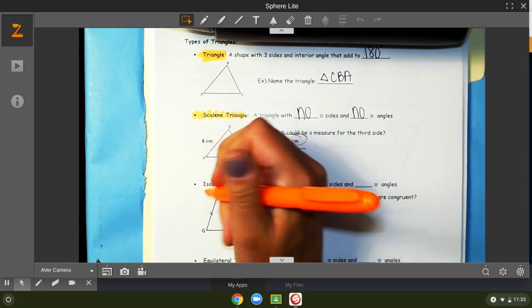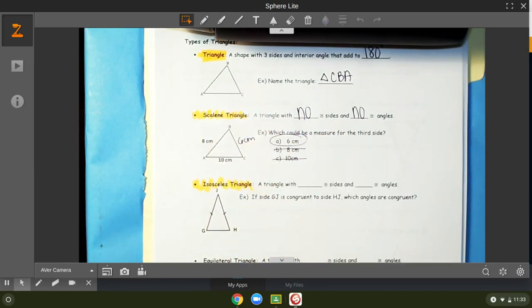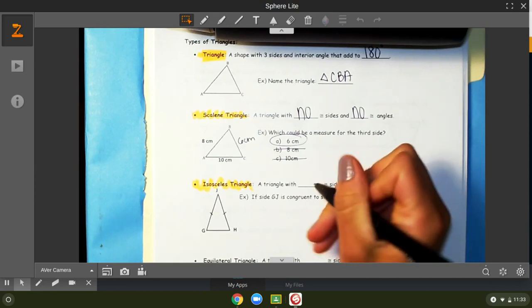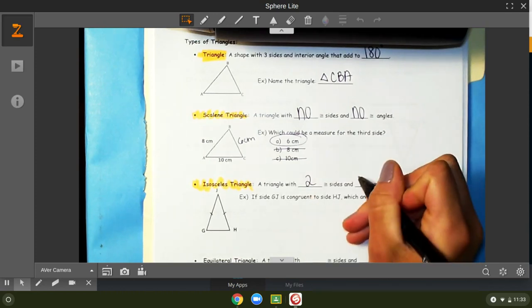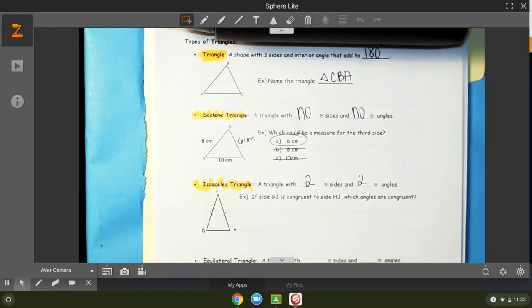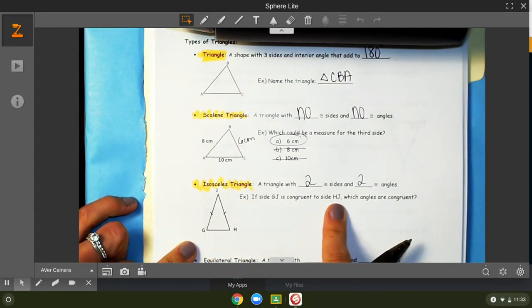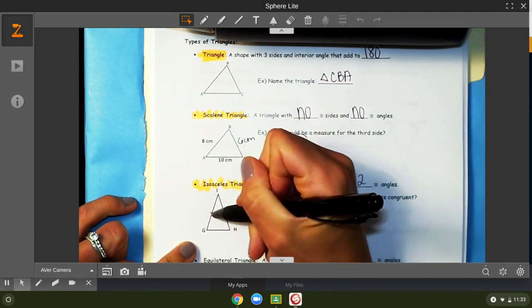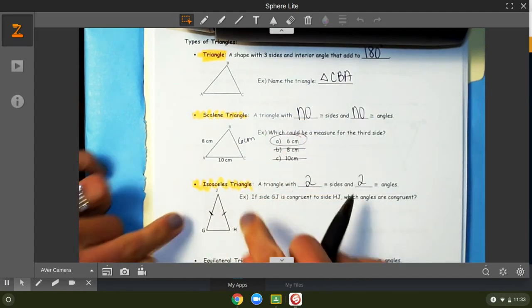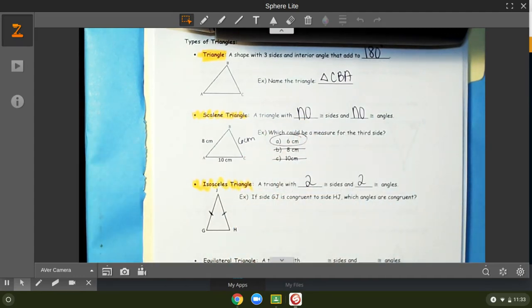Okay, next up, isosceles triangle. An isosceles triangle is a triangle that has 2 congruent sides and 2 congruent angles. So in this picture, GJ is congruent to HJ, and we know they're congruent because we see these little dashes. That's how you mark congruent sides.